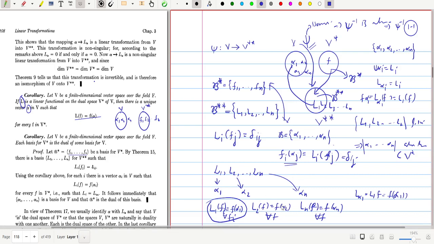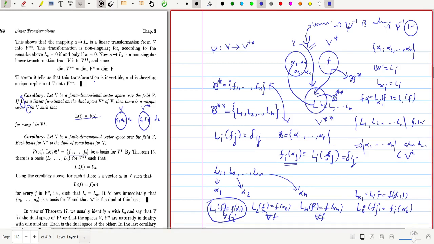If you replace this f by fi, then you get L2 of fi is equal to fi of alpha 2. Similarly, this is true for L1, L2, L3, for all numbers. Then this can be written as Li of alpha is equal to Lj, or I'll write this as fj.